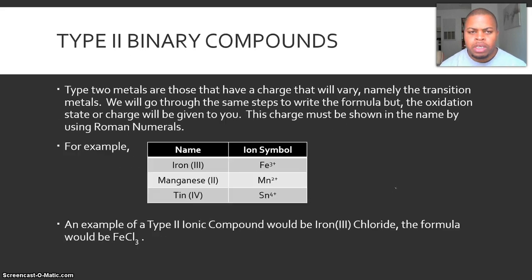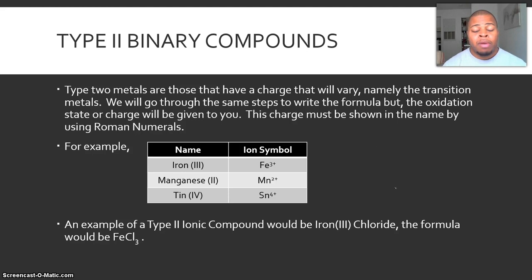Now, let's go on to type 2. These type 2 metals are going to be the ones that actually vary a little bit. When you look at iron, there are different forms of iron that we may run into, depending on if it's an acidic, basic, or neutral environment. These things will change.